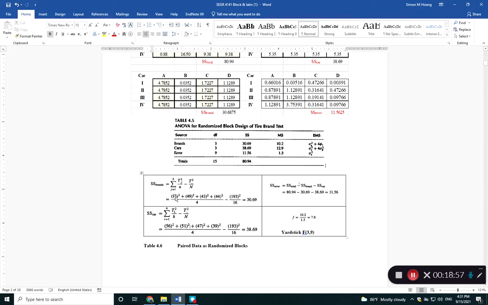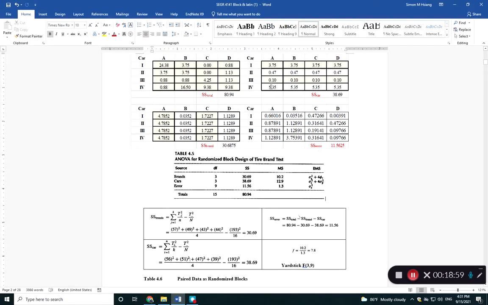So here is basically showing what I did in Excel. One calculated downward, one calculated sideways. Downward for brand, sideways for car. That's how you get your numbers algebraically. And then, of course, you need to compare that with your F statistic.